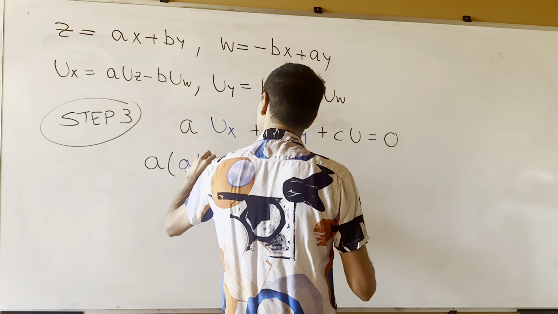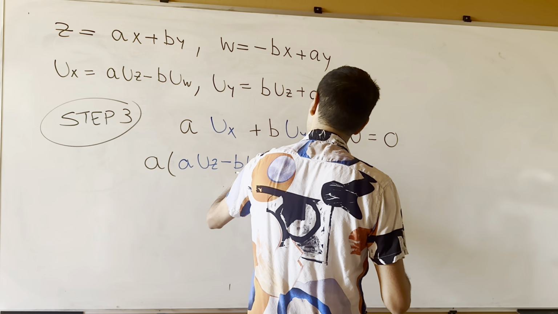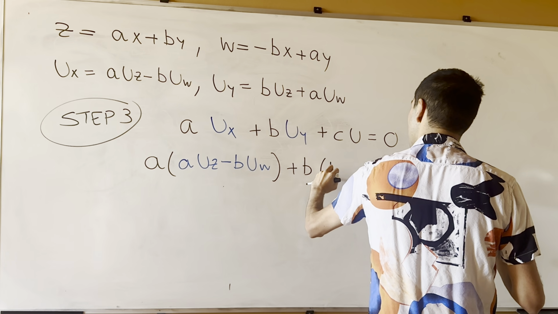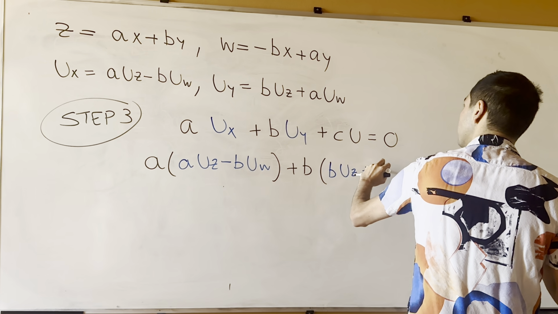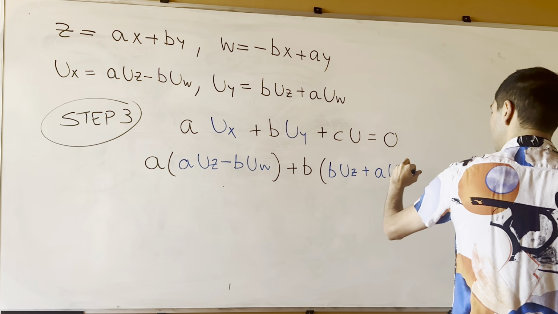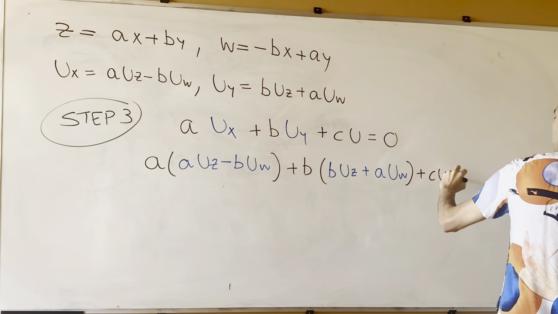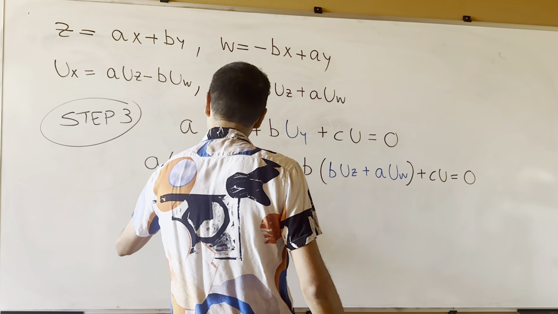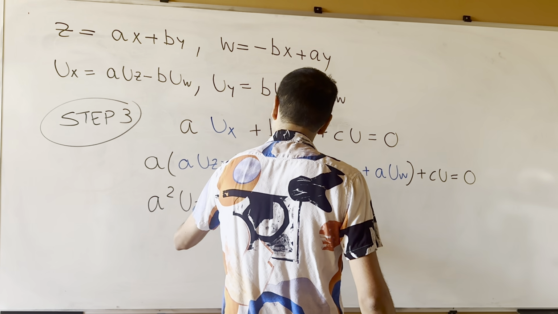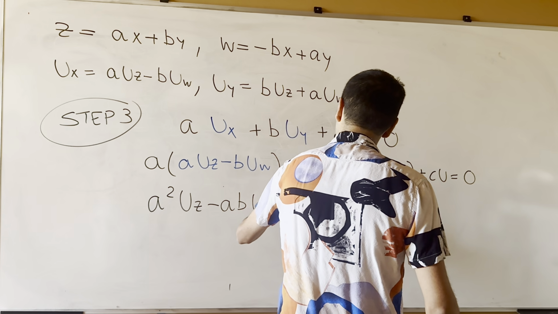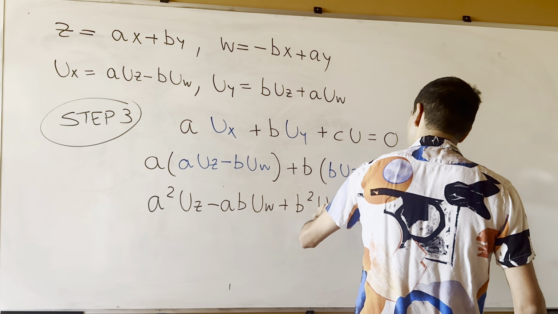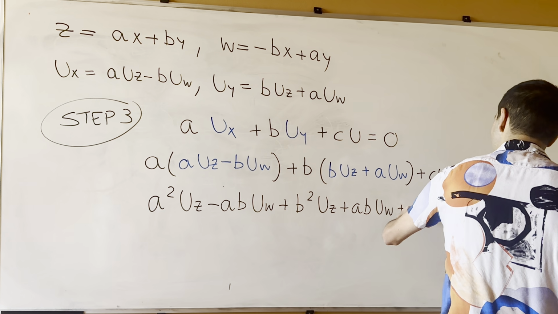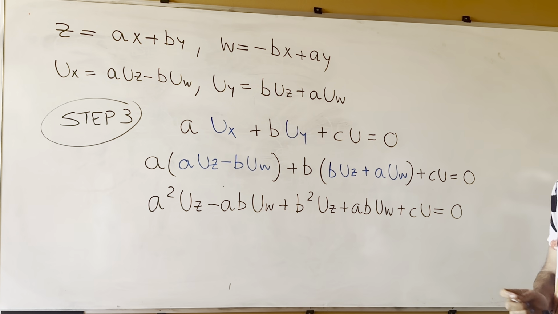So A(AU_Z - BU_W), and then plus B(BU_Z + AU_W), and again plus CU equals 0. And then what we end up getting is A²U_Z - ABU_W + B²U_Z + ABU_W + CU = 0.